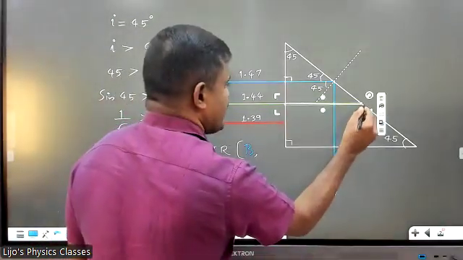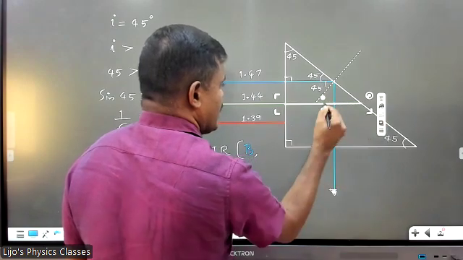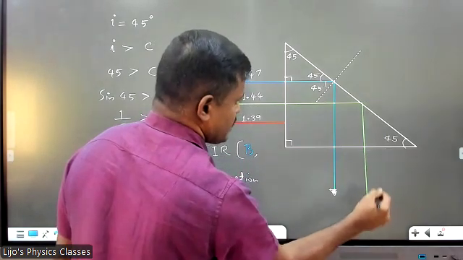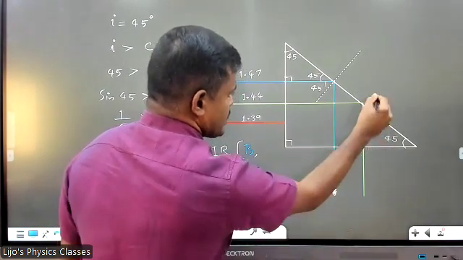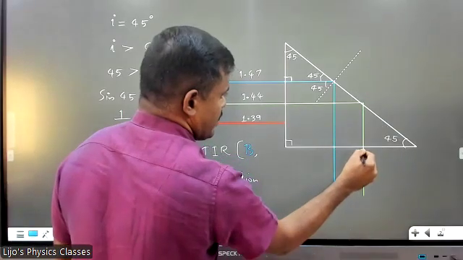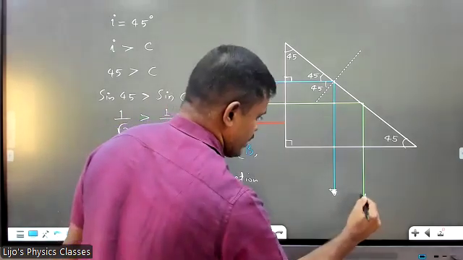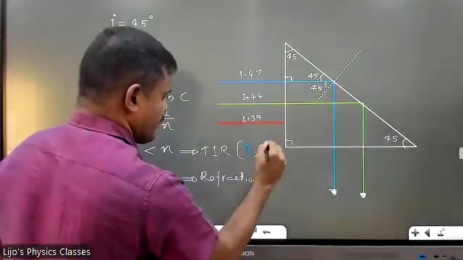So it will go straight like this, and then it will come straight down like this. That will happen in the second case as well. That ray also will undergo total internal reflection. So green also undergoes total internal reflection.